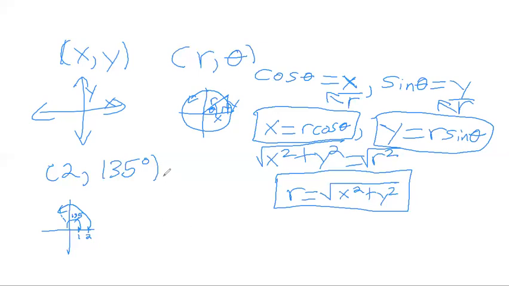Now, another scenario that you'll come across is, for example, the point -3, 3 pi over 2. I know I said before that r is always positive, but with polar coordinates you can actually have your radius negative, which I know sounds kind of strange, but it's just how it works. So r is -3 and the angle is 3 pi over 2.